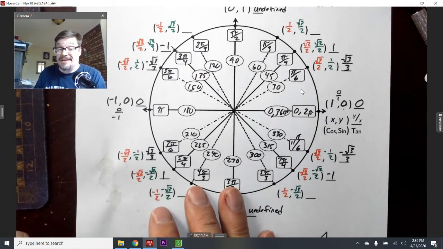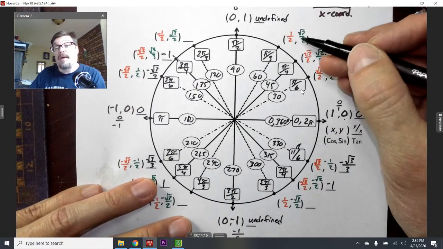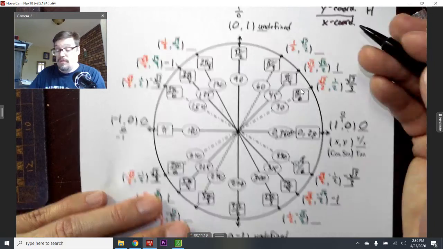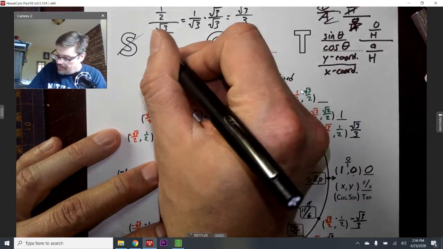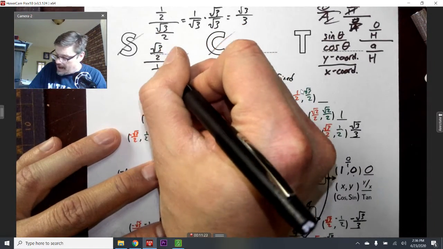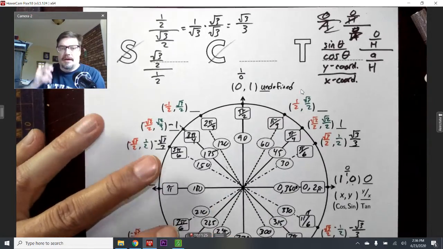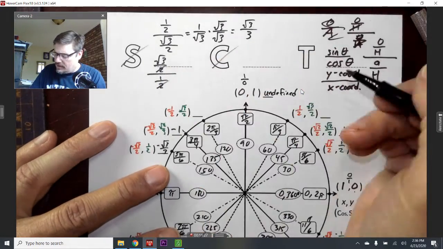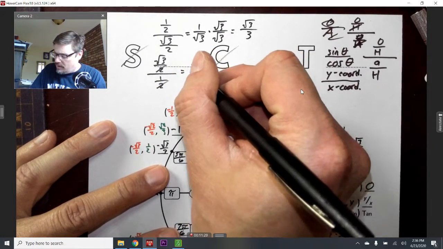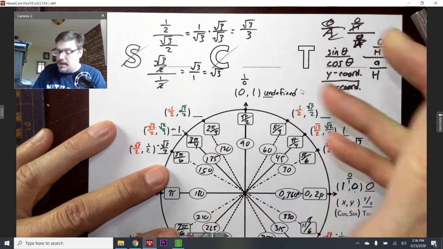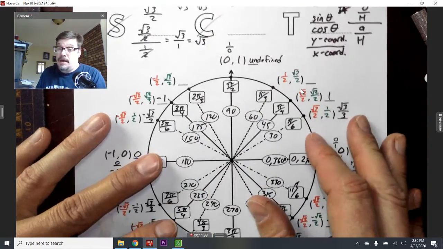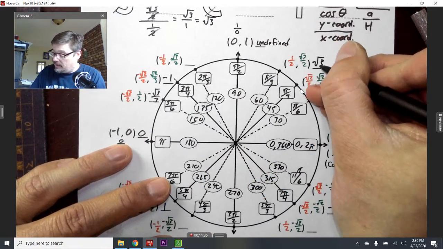Okay, and now the last one is radical 3 over 2 over 1/2. Now this one's easy because the 2's cancel out and you are left with radical 3 over 1, which is just radical 3. So it doesn't even have a fraction and it will remain radical 3.